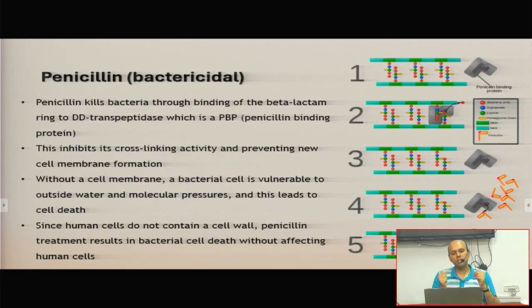When those bonds are not formed and those links are not developed, obviously the cell wall is weak. So bacteria can't survive as a result of that. I gave you the example yesterday of the wall. The bacterial cell wall is the same analogy.